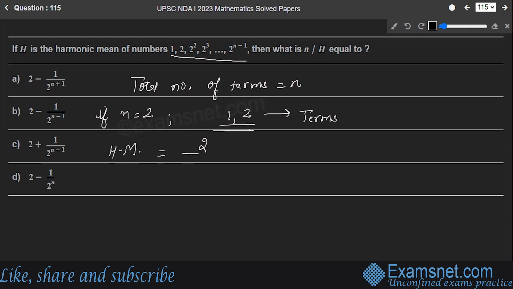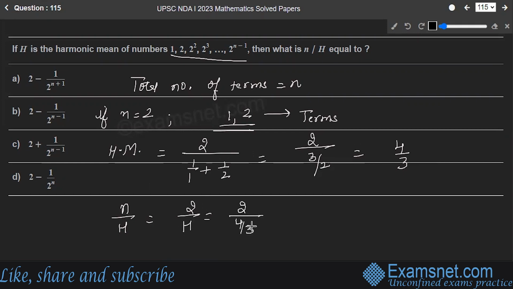Number of terms is 2 upon 1 plus 1 upon 2. This will give you 2 upon 3 by 2, that is equal to 4 upon 3. And now n upon h. n in this case is 2, that means 2 upon h. So 2 upon 4 by 3 will be equal to 3 by 2. So this is the n by h value. n by h came out to be 3 by 2.